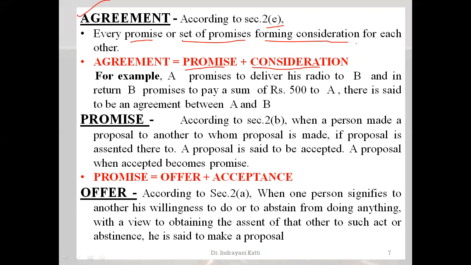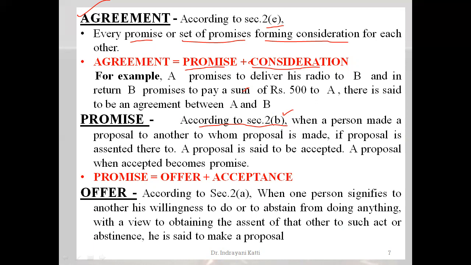Let's move on to the next part, what is promise. It is also defined in the Contract Act, according to section 2, clause B. Keep all the sections in your mind; if you quote these sections, you will score more marks.